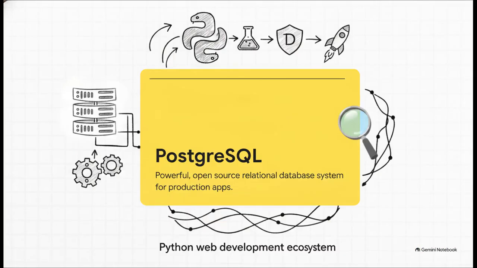It is a wildly powerful, open-source relational database system. Ask anyone in the software industry, and they'll tell you it is incredibly robust and perfectly suited for serious, production-grade applications. Honestly, it's the kind of database you trust with your most critical data, which is exactly why it's become a dominant choice in the modern Python web ecosystem, usually paired up with Django, Flask, or FastAPI.